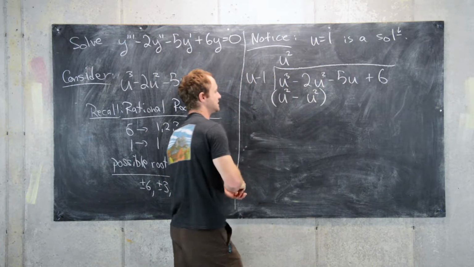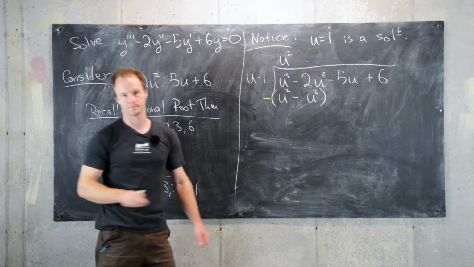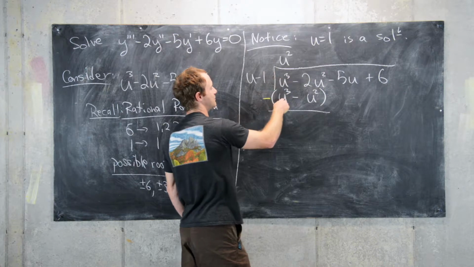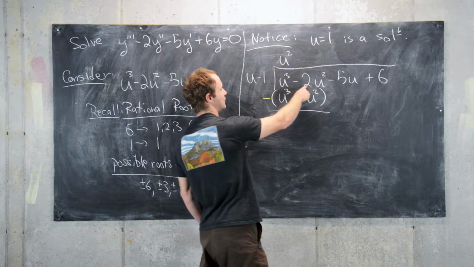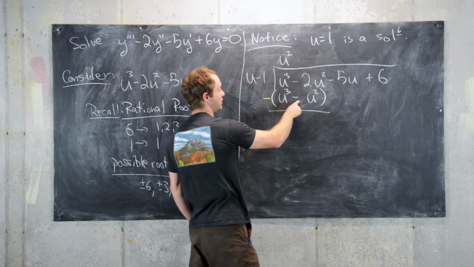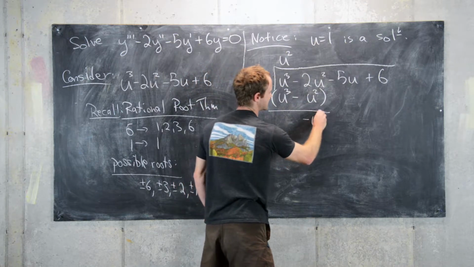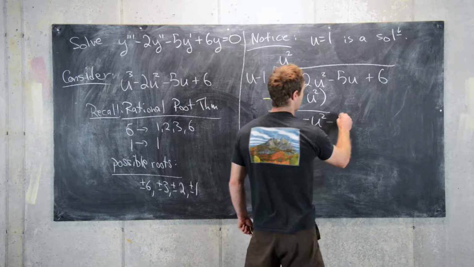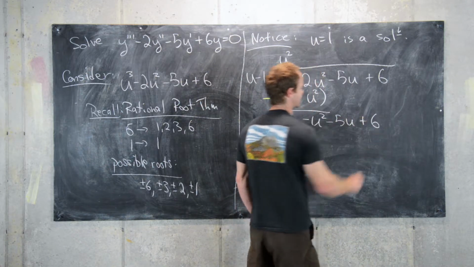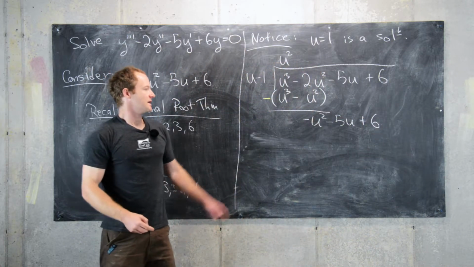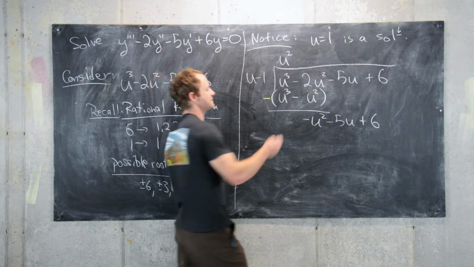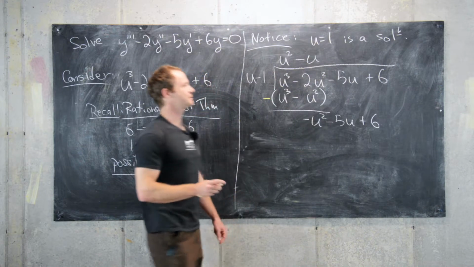Now we'll subtract this whole thing, which means we'll get u cubed minus u cubed is 0, and then negative 2u squared plus u squared, so that'll be minus u squared. Good. Now we'll bring down the negative 5u plus 6. Now what do we need to multiply by u to get minus u squared? That'll be minus u.